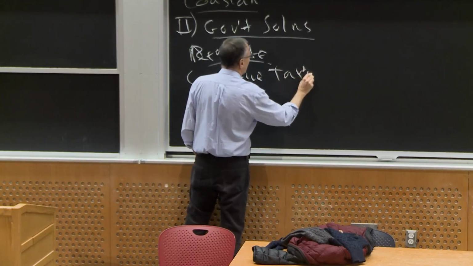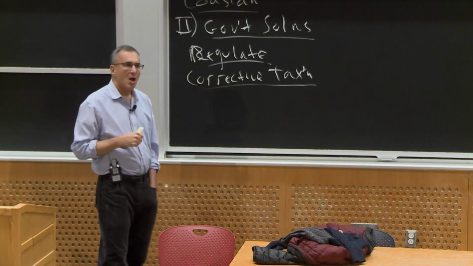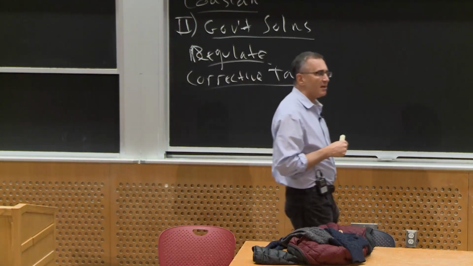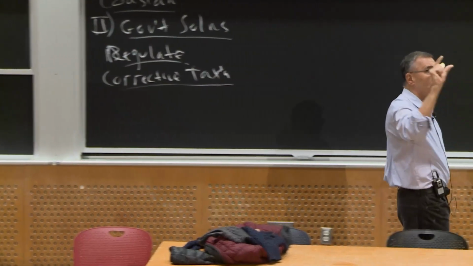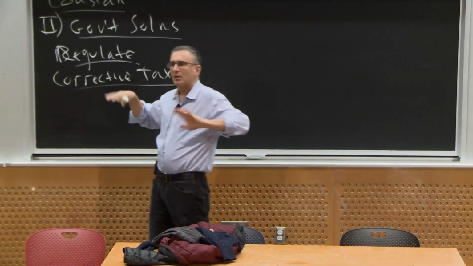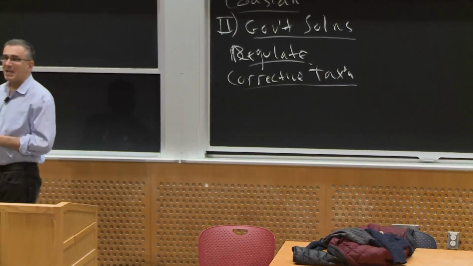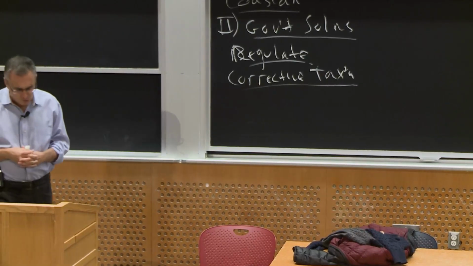Imagine if the government went to the steel plant and said, I am going to levy a tax of the amount MD on every unit you produce. All I know is MD. I don't know anything else. And it only works if MD is constant. But let's assume I know MD, and it's constant. Then I can go to the steel plant and say, I'm going to levy a tax of MD.